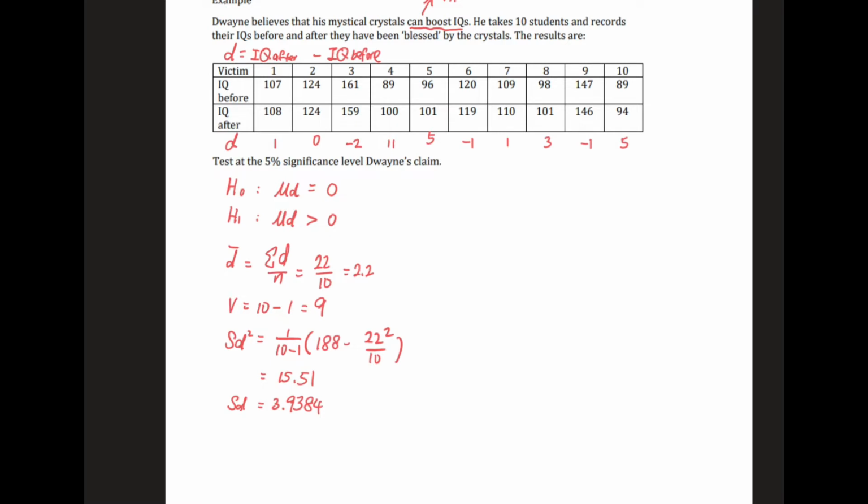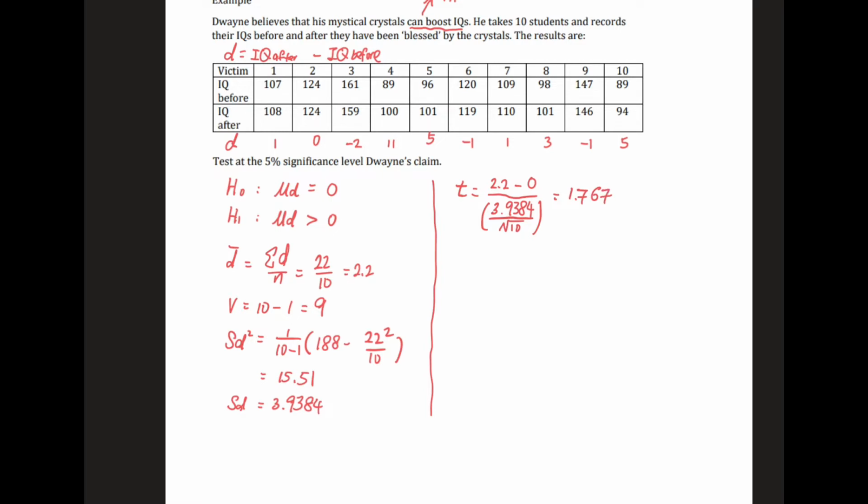Now we can do the test statistic. We use the formula: 2.2 minus mu, which is 0 from the null hypothesis, divided by SD 3.9384 over the square root of n, square root of 10 in our case. Then we compute this and get 1.767. So we get this t.